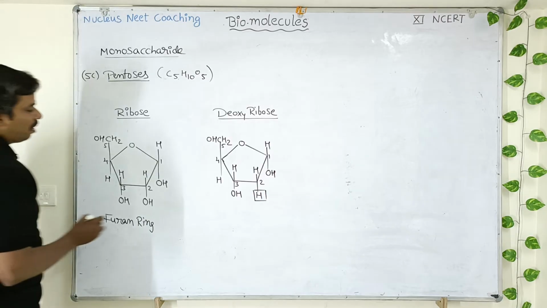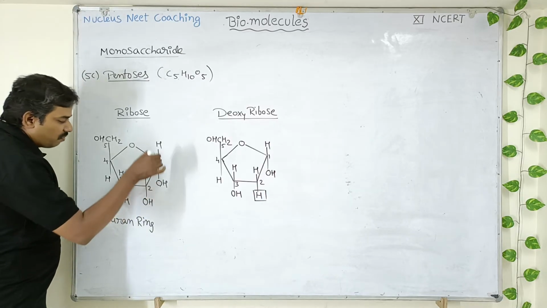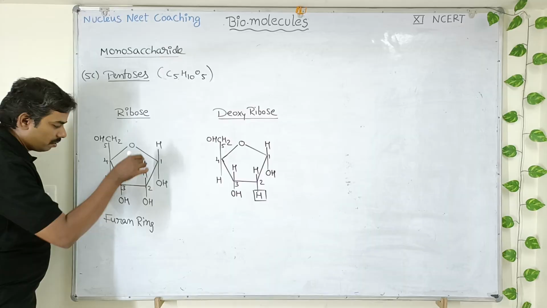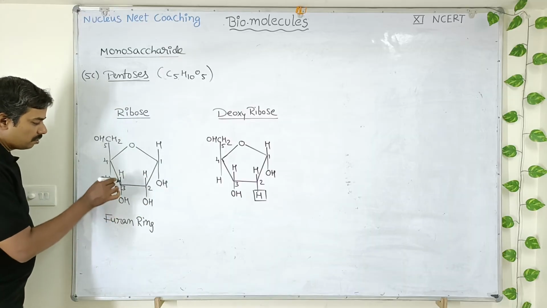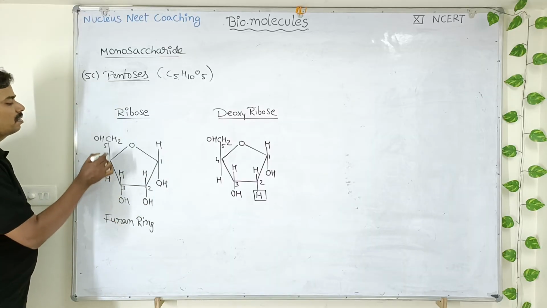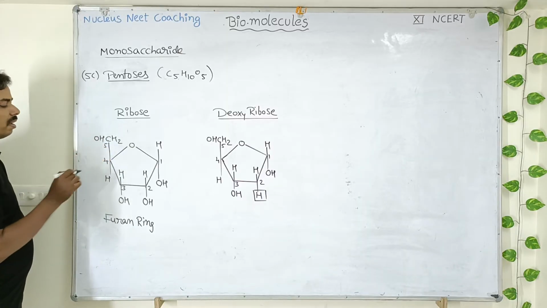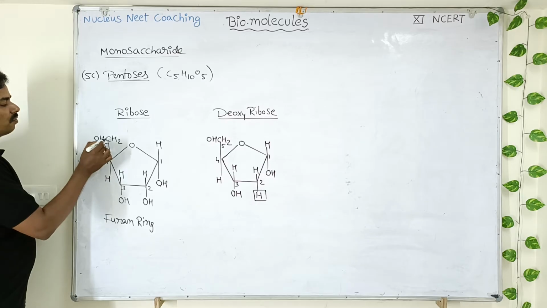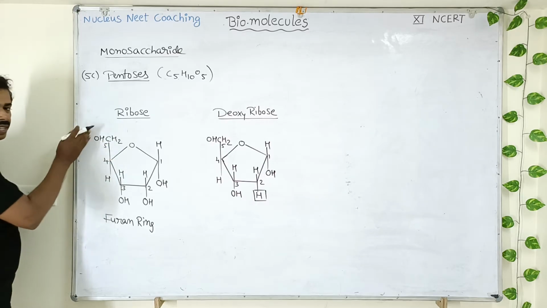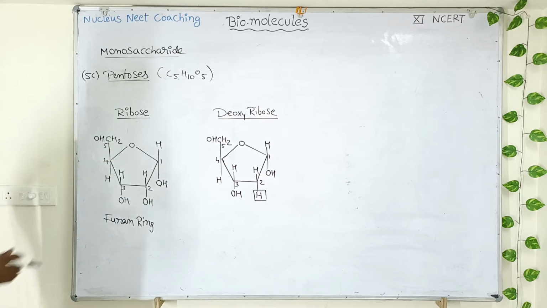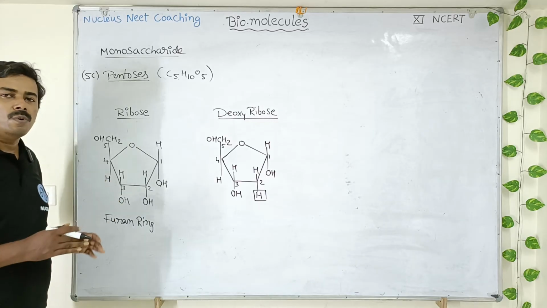In this furan ring, on the first carbon OH is facing down, second carbon down, third carbon down, and the fourth carbon is attached to the fifth carbon, CH2OH. The fifth carbon is outside the furan ring structure. So this is the structure of ribose.